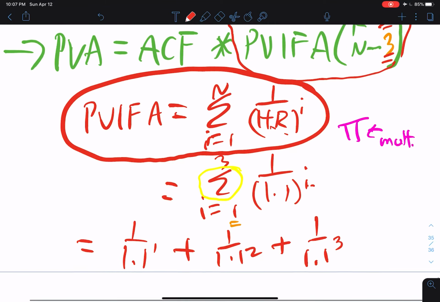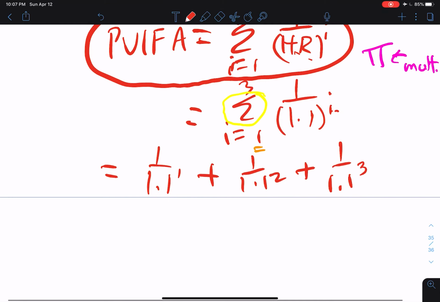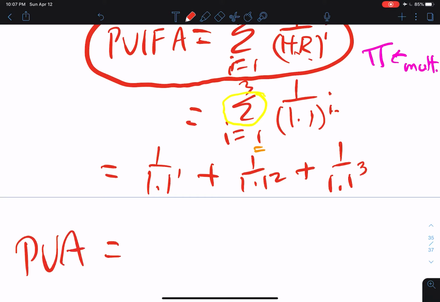Now, we see then that in our prior example, the present value of the annuity at date 0 would be equal to 100 times the sum of these 3 numbers.